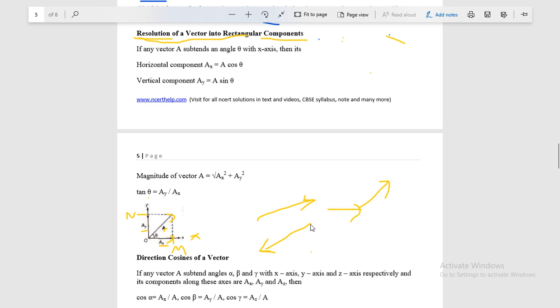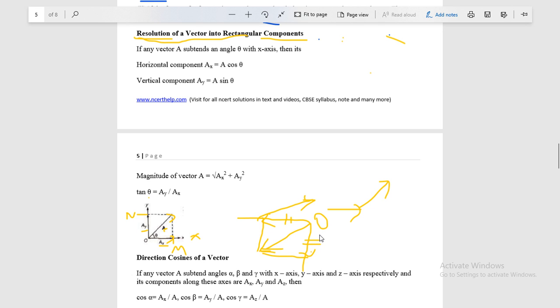You must draw the y-axis and x-axis and draw the perpendiculars to the x and y axes. Now this one is one component and this one is the other component of this vector A. By this method you can find out the components of a given vector in two perpendicular directions.